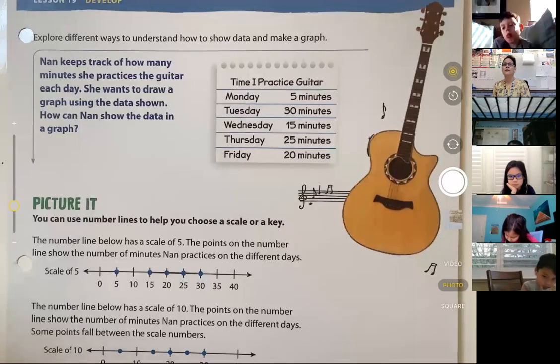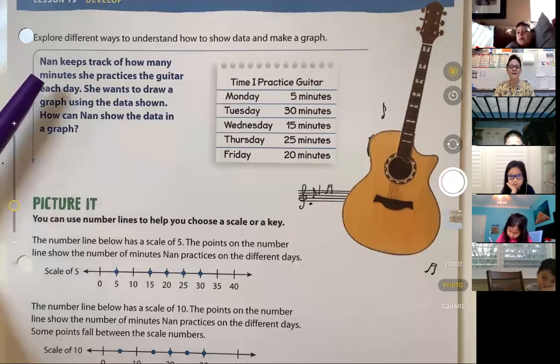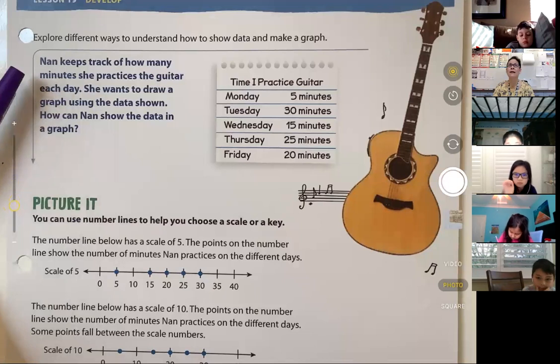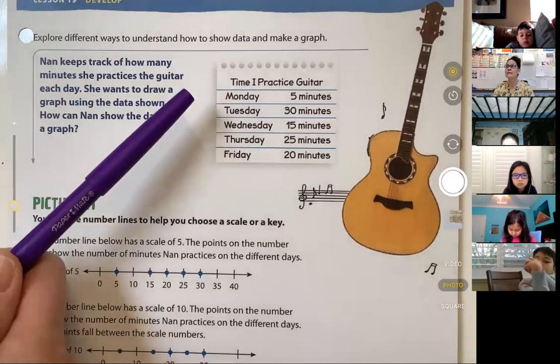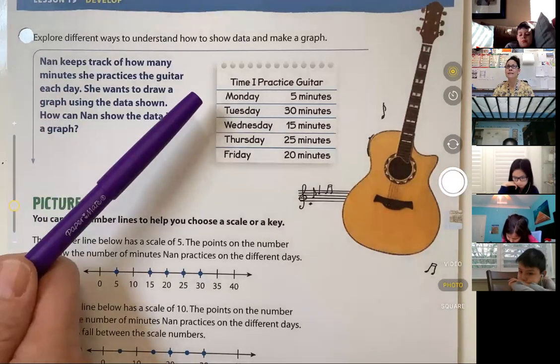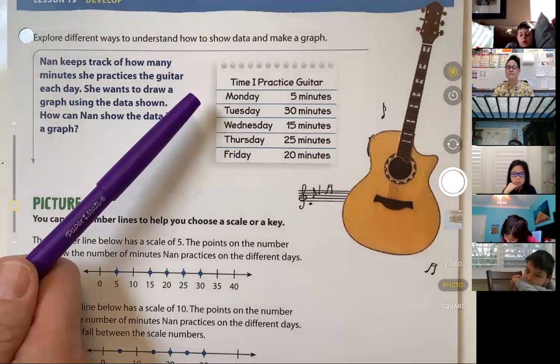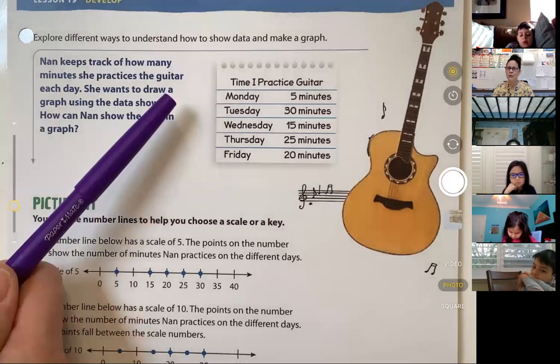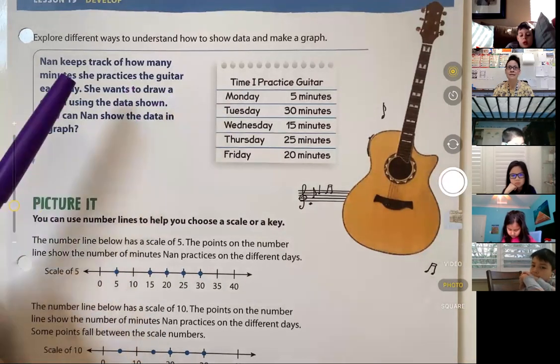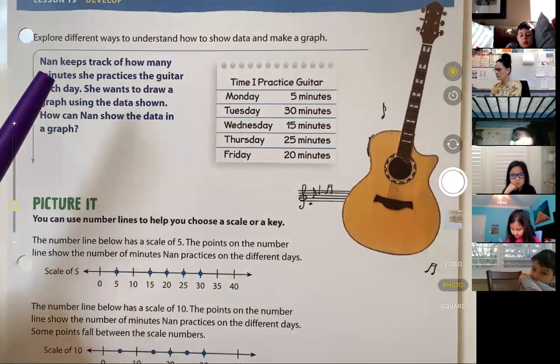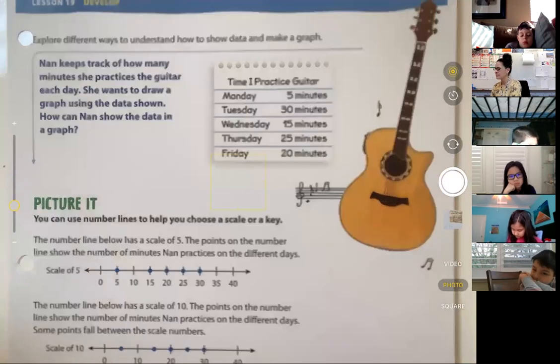Okay, again, what you are seeing on your screen right now is page 432, where my purple pen is pointing back up at the top. Again, this is Nan and her practicing guitar and the notes that she's taking as she's practicing. And then we're all done. Now she needs to represent the data that she's collected. There are different ways that we could picture this as well, friends.